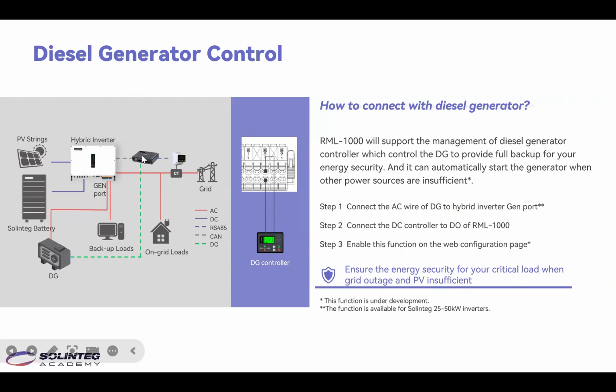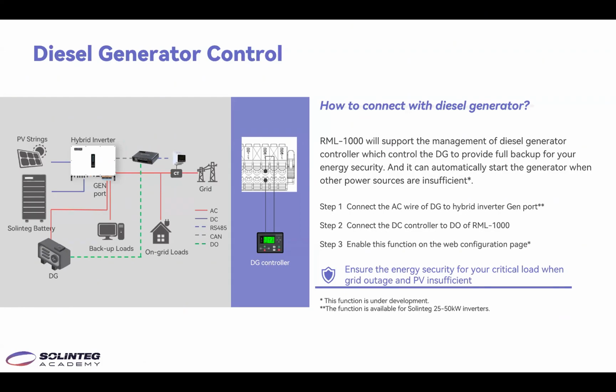So the data logger can smartly control the DG to start or stop. But now, with our inverter, the DG needs to connect with the inverter through the gen port. So the function can only be used in the MHT 25 to 50 kilowatt series.